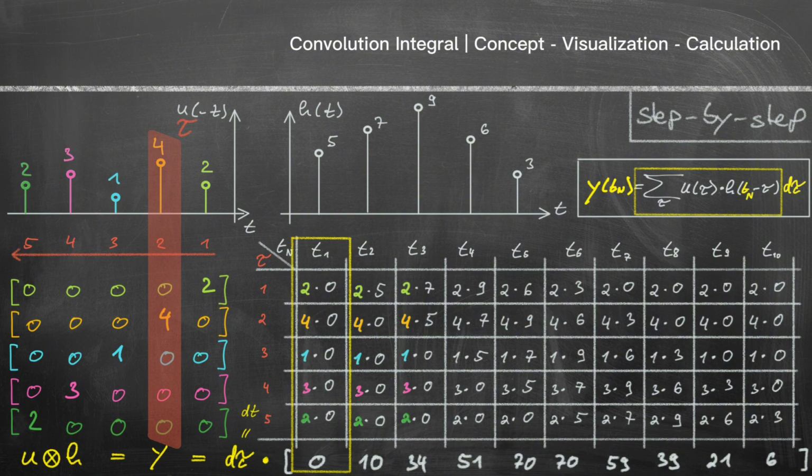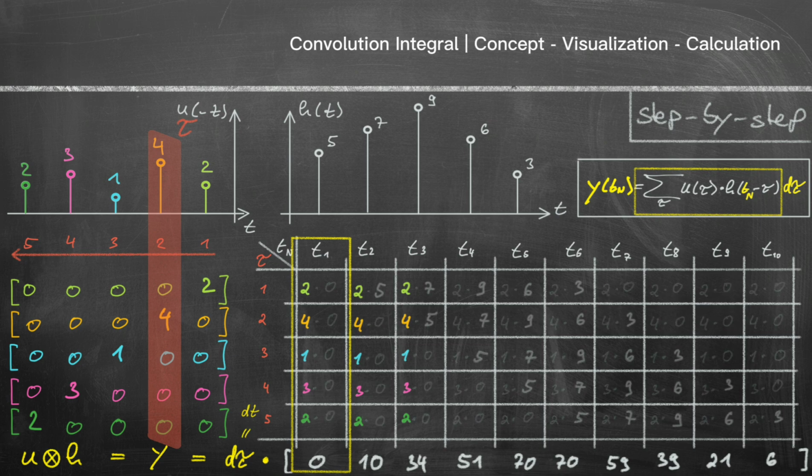Did you notice something? The impulse response function shifts one time step to the right in every row. That makes sense because the impulses hit the system one after another, and therefore the second impulse produces a reaction one time step after the first impulse. And this reaction is, as the name says, the impulse response.